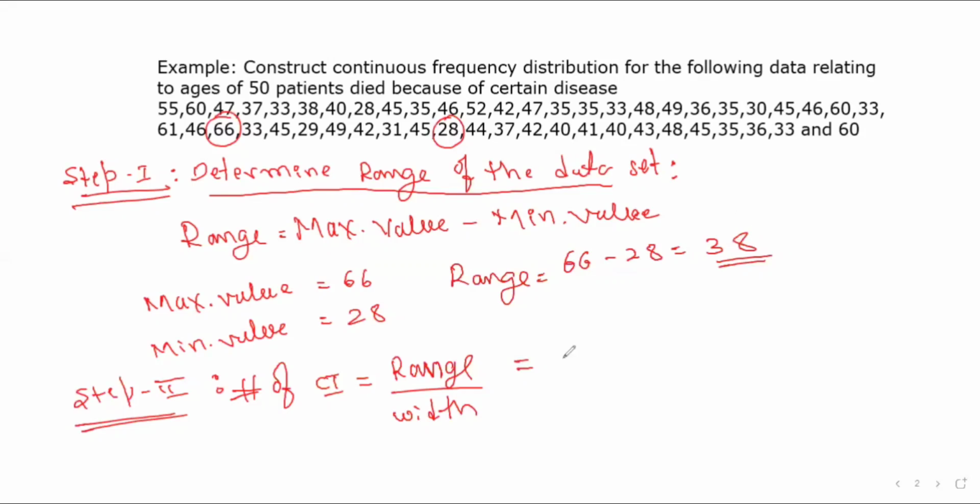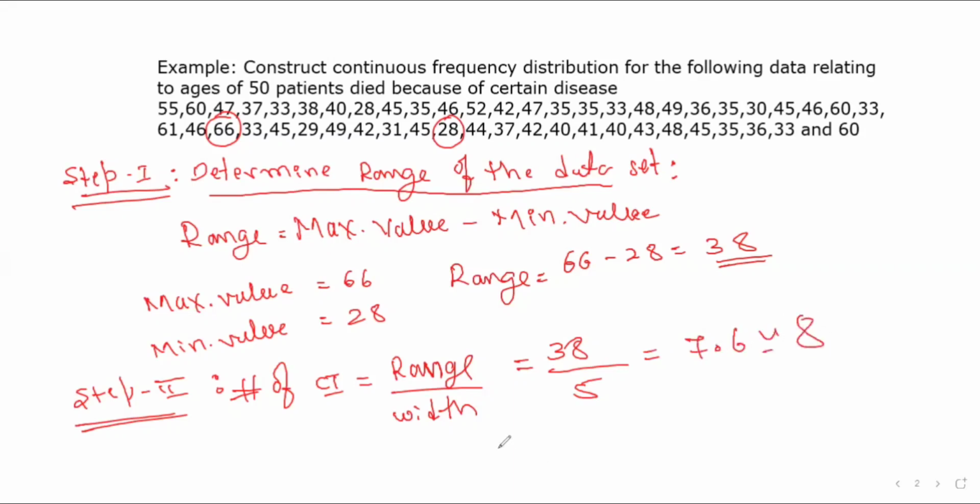So what is the range? 38 divided by, let me read the question, is there any information on the width? No. Whenever there is no information on width, you can consider any number which is a multiple of 5, say for example 5, 10, 15, 20, and so on. So here I will consider the number 5. So 38 divided by 5 is 7.6, approximately 8.